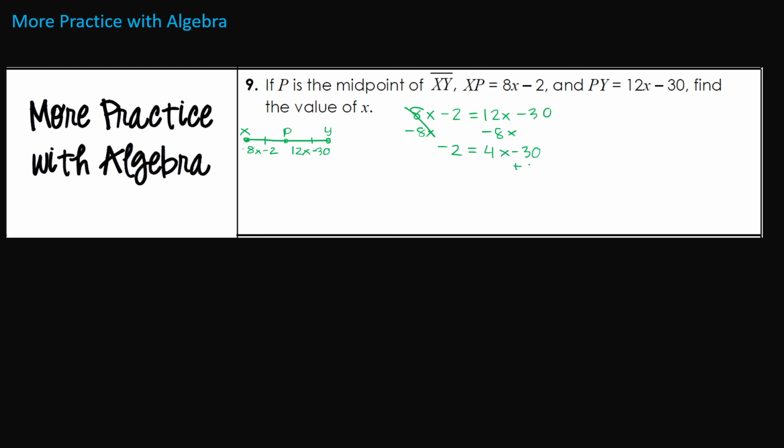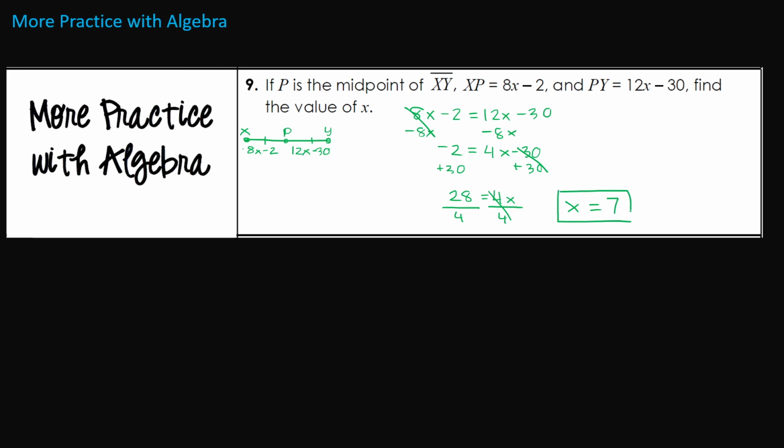I'm going to add 30 to both sides to move the constants to the left side. I get 28 is equal to 4x. Divide both sides by 4, and x is going to equal 7.